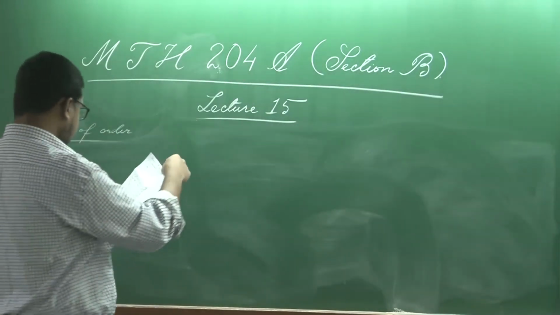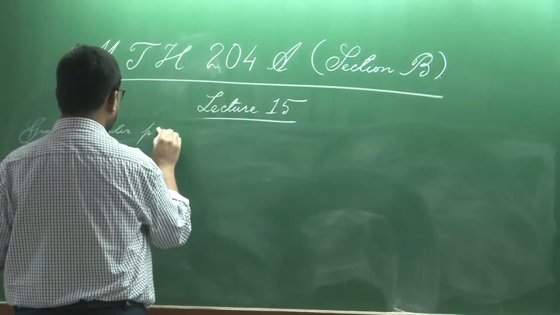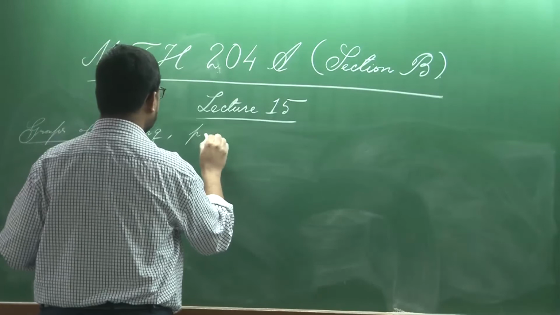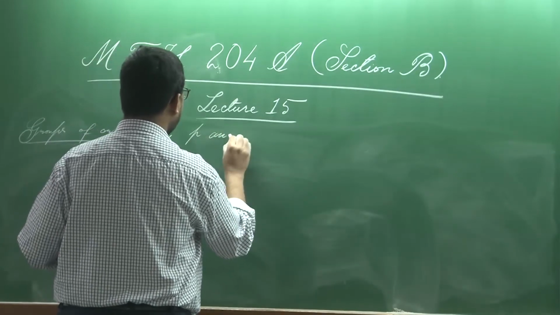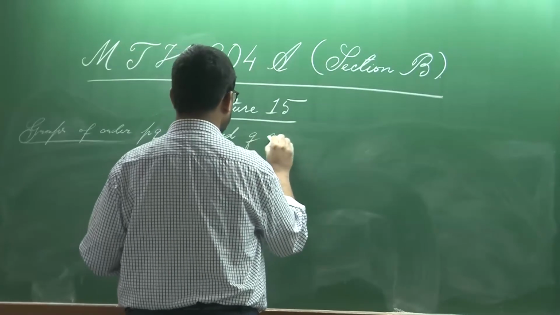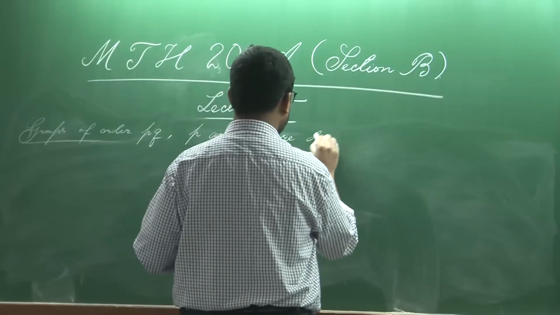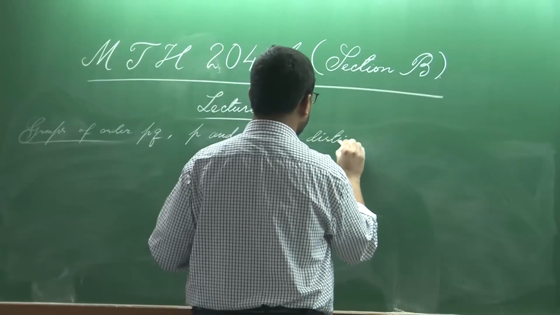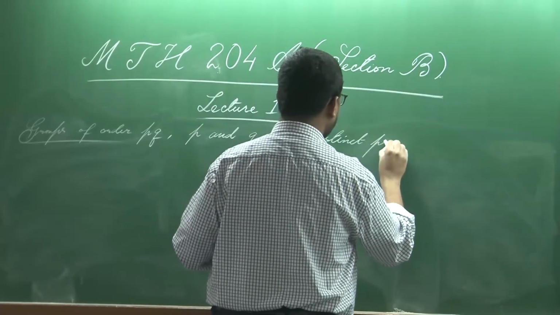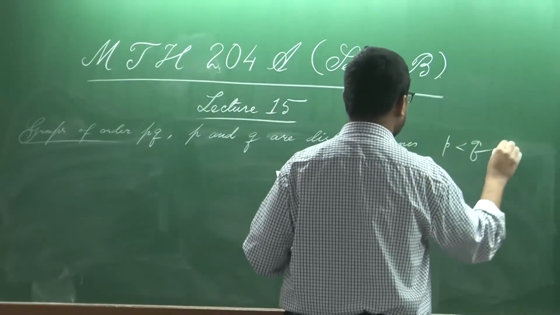Okay. So, next we will talk about the classification of groups of order pq, where p and q are distinct primes, with p less than q.